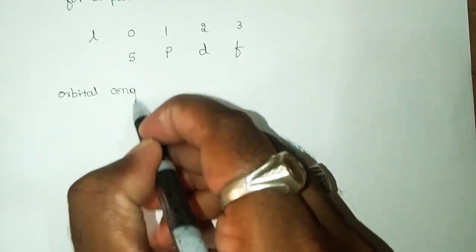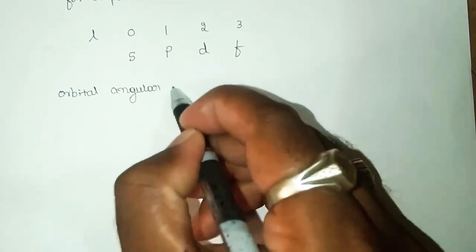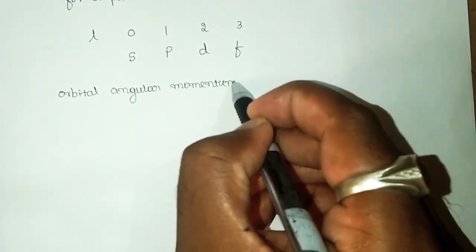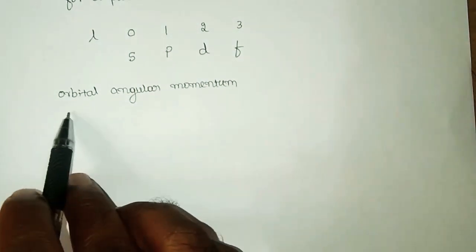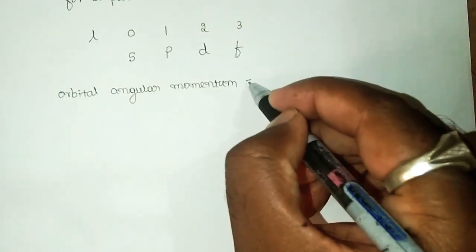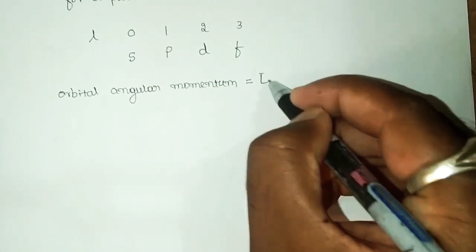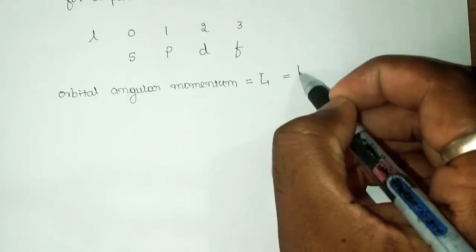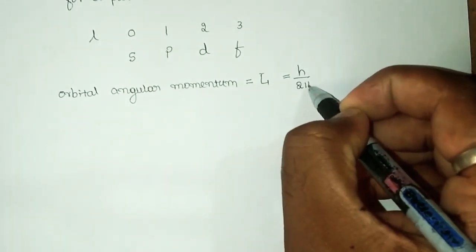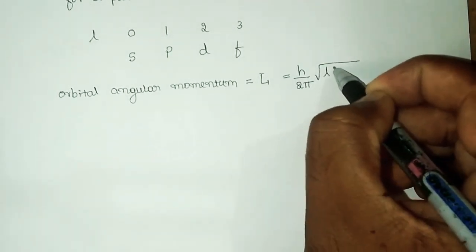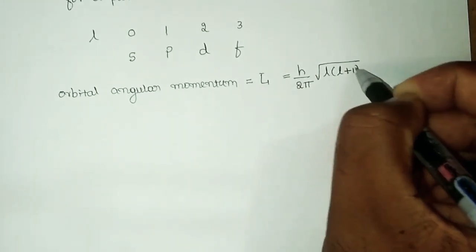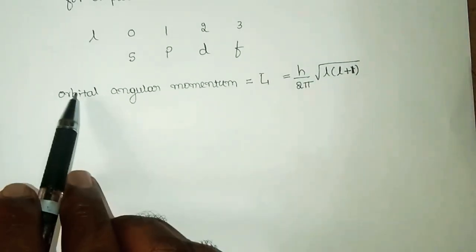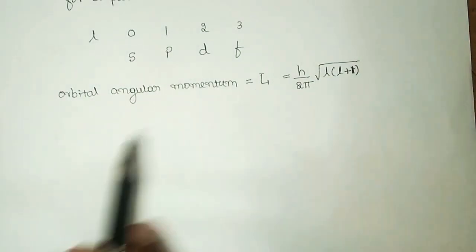The total angular momentum, or we can simply call it the orbital angular momentum of an electron, is indicated with the symbol capital L. And capital L is equal to h by 2 pi into square root of l into l plus 1. This is the formula we can use for calculating orbital angular momentum of an electron.